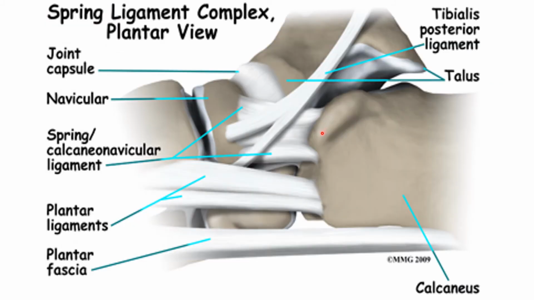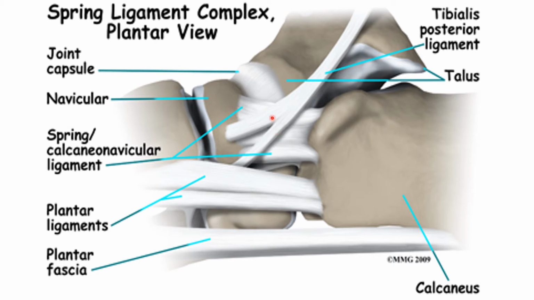The next important contributor is the plantar calcaneonavicular ligament, which runs between the shelf-like projection from the calcaneus, the sustentaculum tali, and the navicular. This is a ligament complex having superomedial, inferomedial and lateral parts, and it is supported by the tibialis posterior tendon.